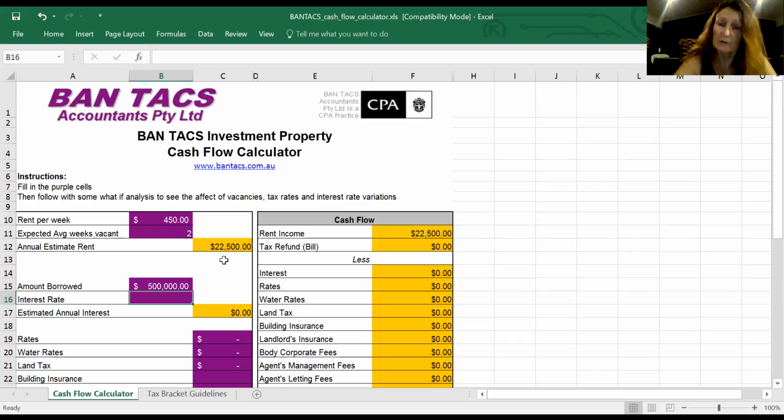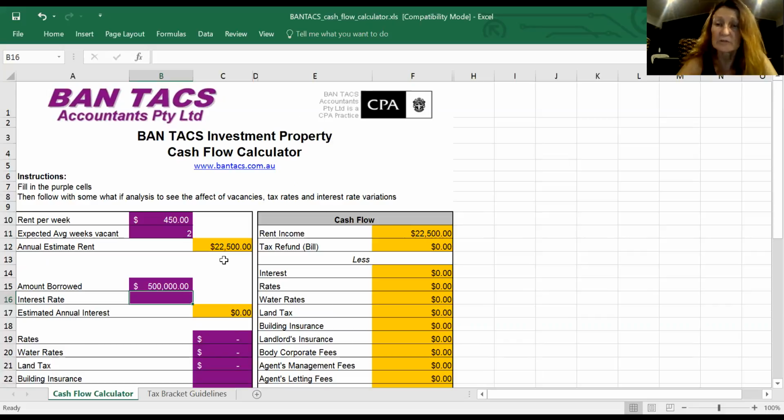I'd still borrow the full amount and put any spare cash you've got into your offset account against that loan, so you're not paying the bank interest on it, but you've always got that money to draw out and use for private purposes if you need. You see, if you pay down the loan on the property and draw the money back out for private purposes, then you've got a mixed purpose loan.